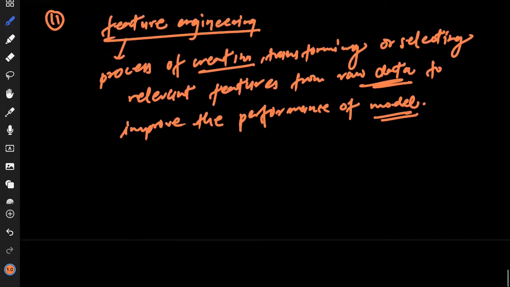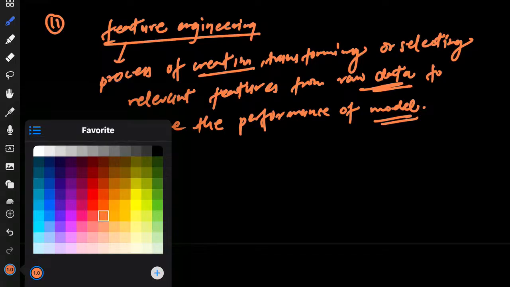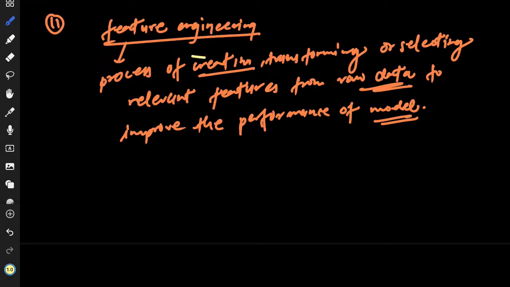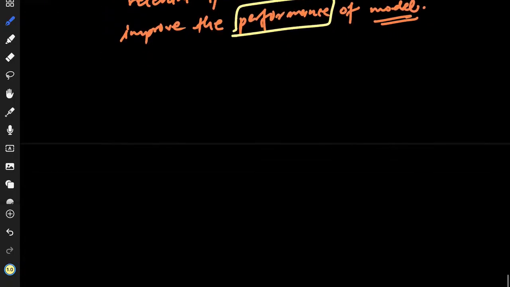So these three processes we do: we create our features, we transform our features, we select our features to increase the performance. Okay.